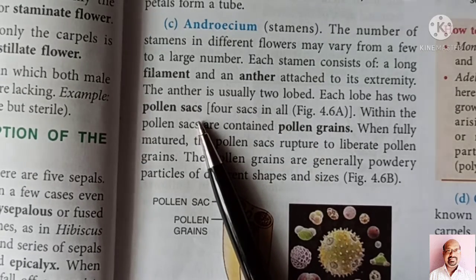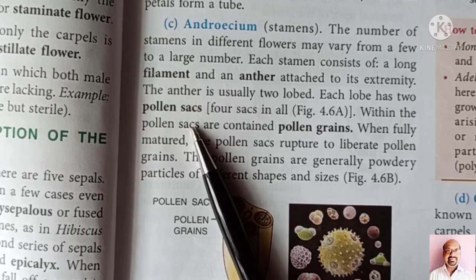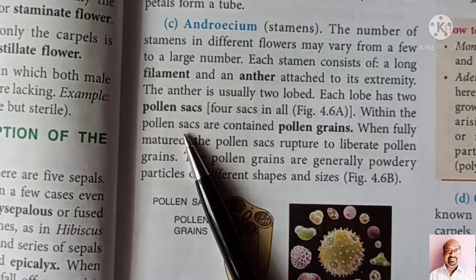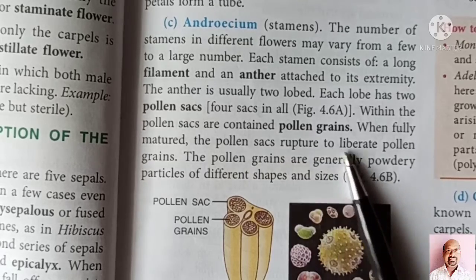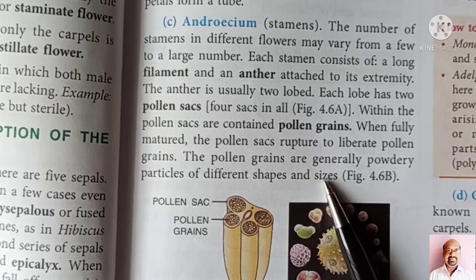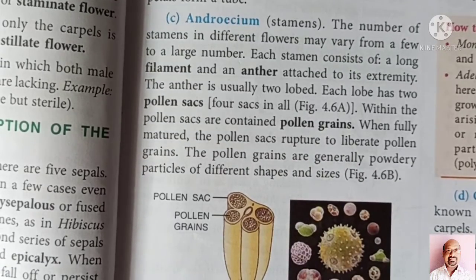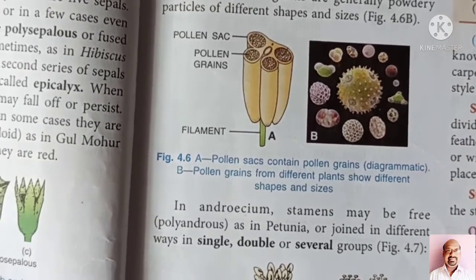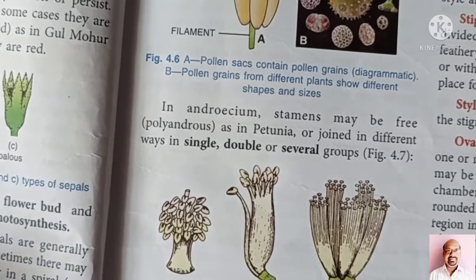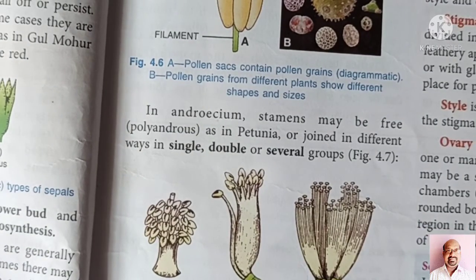Means there are altogether 4 pollen sacs. Within these pollen sacs, there are pollen grains. Pollen grains are generally powdery particles of different shapes and sizes. They are the male gametes.